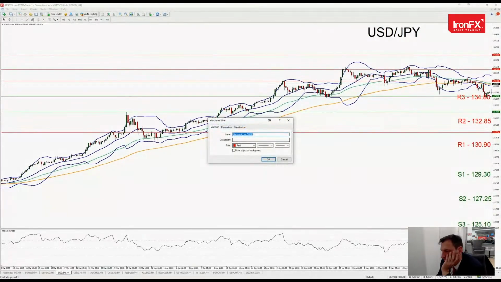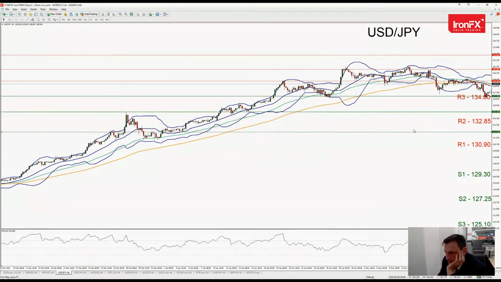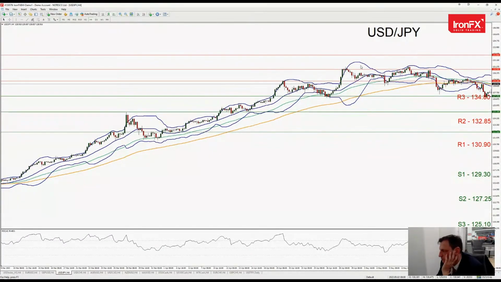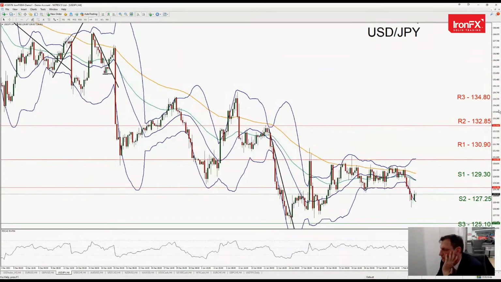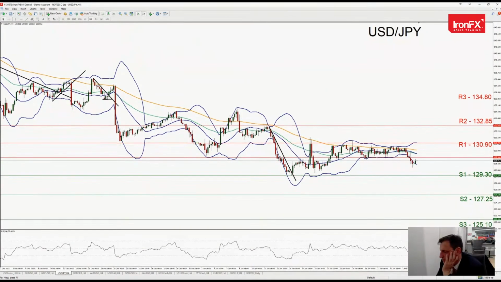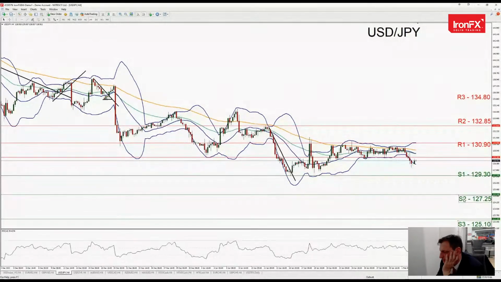And that would be in green, the 122.30, 35, sorry. Let's correct the levels as well.